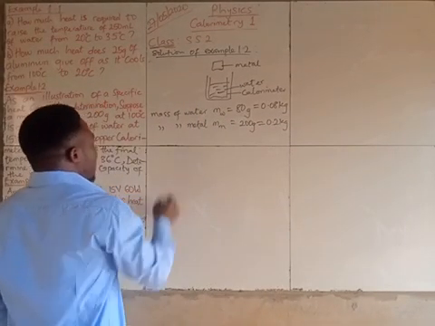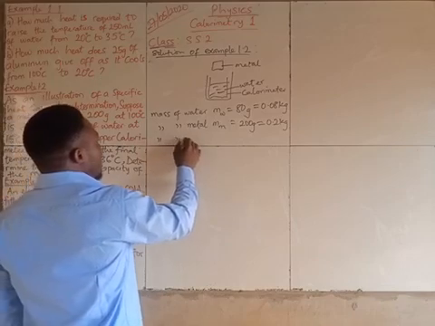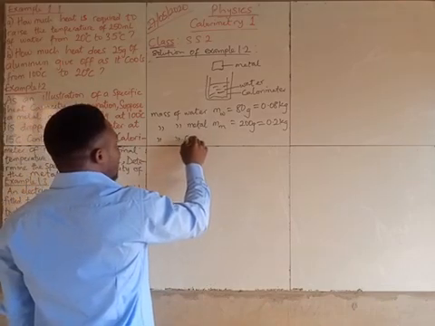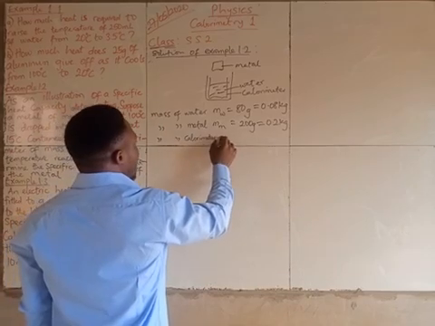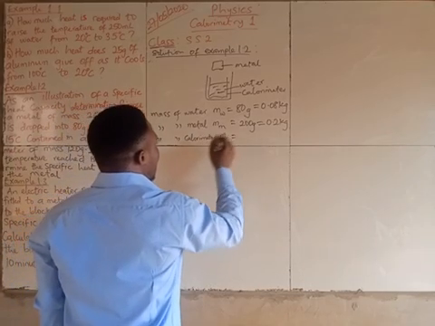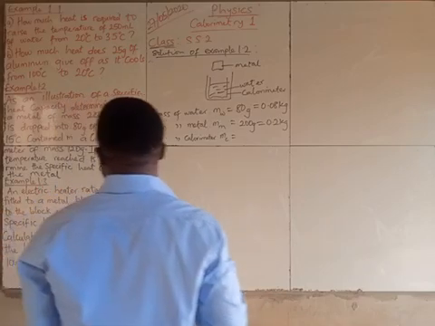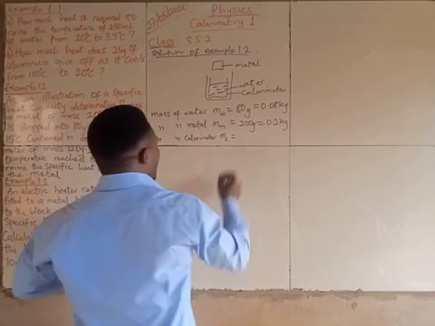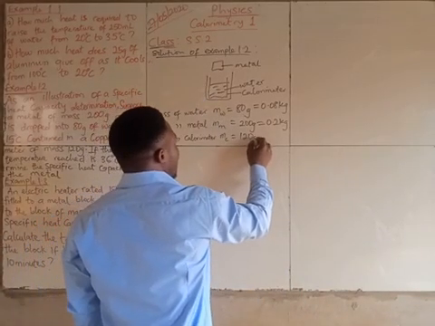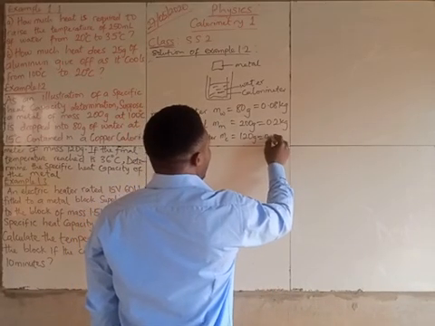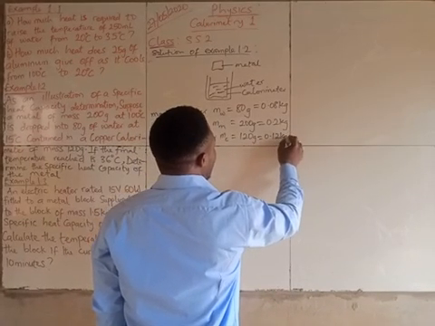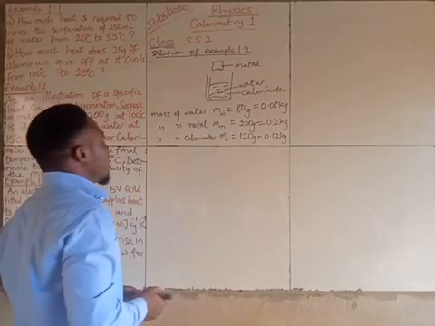And we're given the mass of the calorimeter, the mass of the copper calorimeter. Let's call that M calorimeter. It was given to be 120 gram, which is 0.12 kilogram if you divide by 1000.